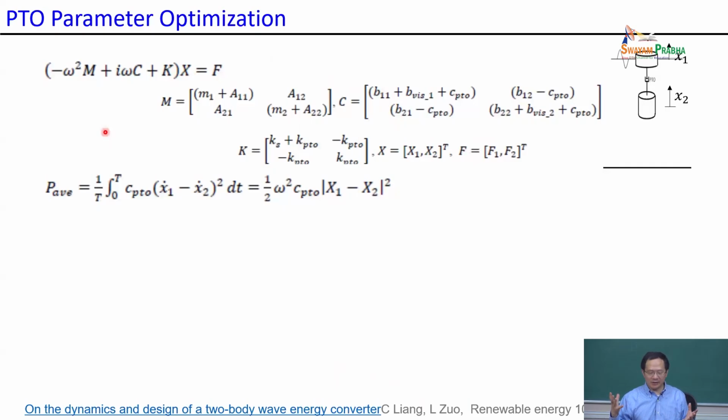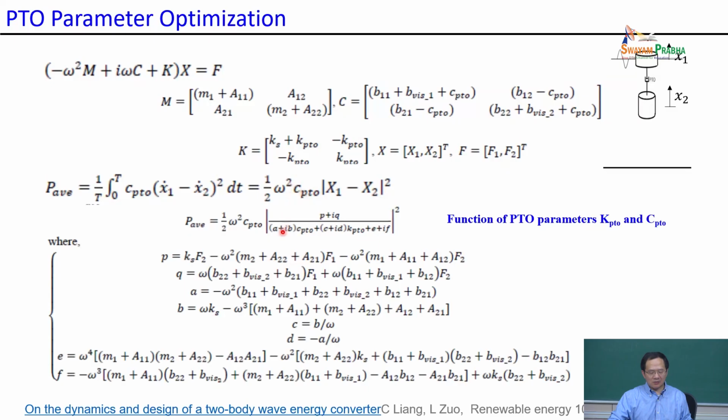How much power you can get is over one period, right, integrate the relative velocity times PTO damping. Similarly, that is omega square times relative displacement times C PTO. That is the same as the single diffraction case.